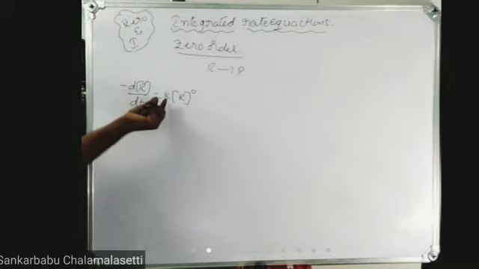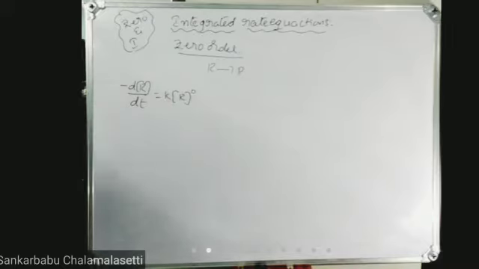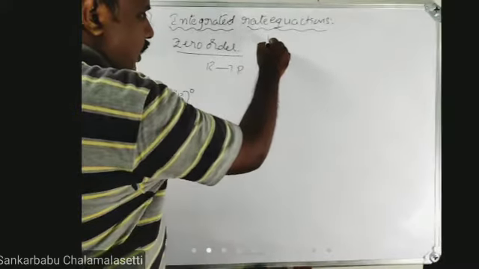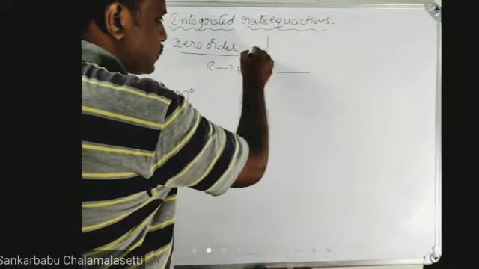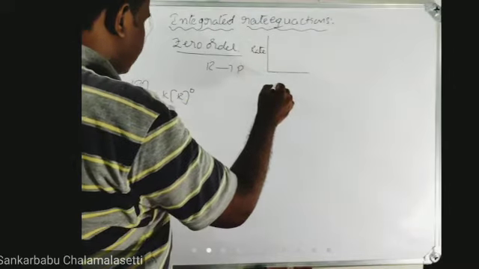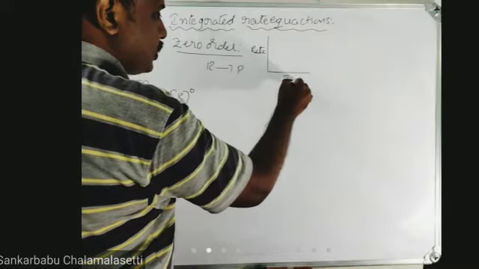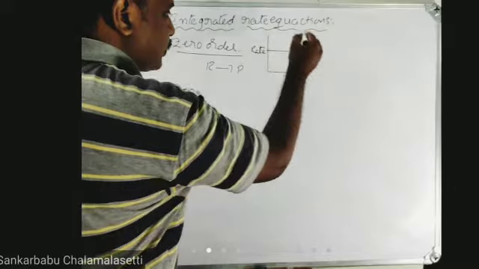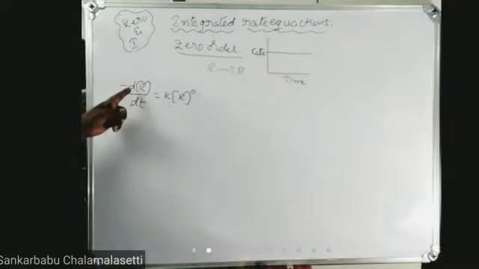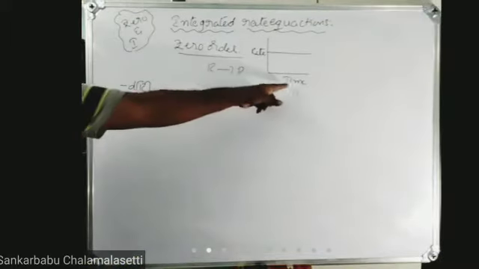So the rate of the reaction is constant for zero order. From this we can draw a graph between rate versus time; for zero order the rate is constant with time.